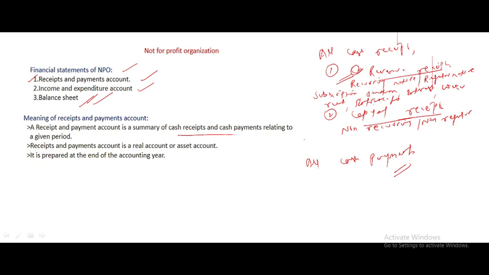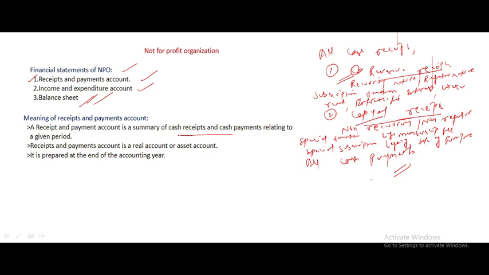For example, a special donation, a special subscription, life membership fee, legacy, sale of furniture, etc. These are capital receipts. Okay.